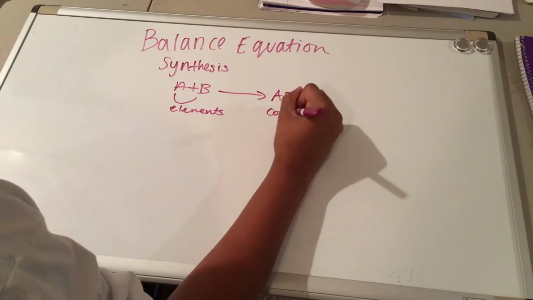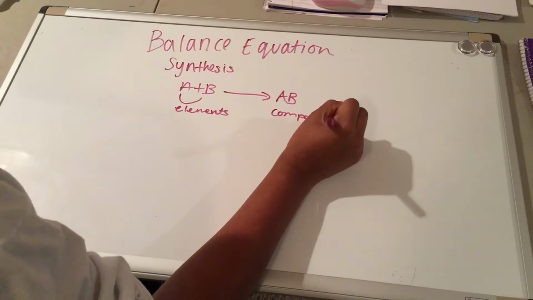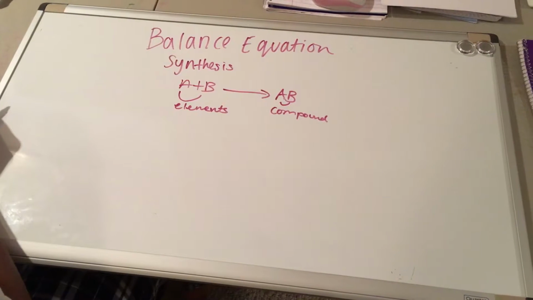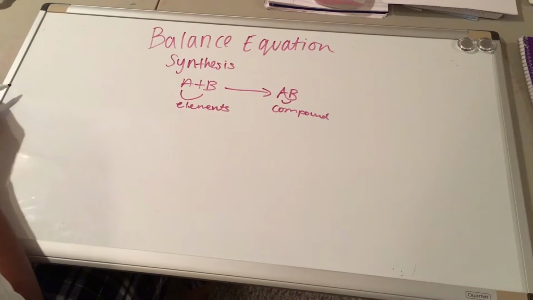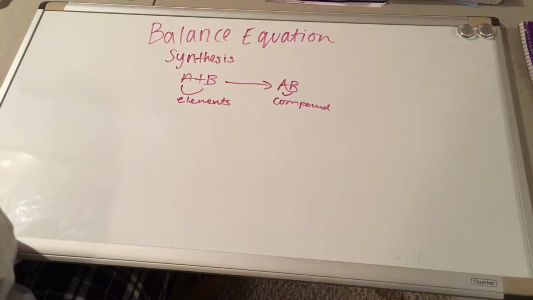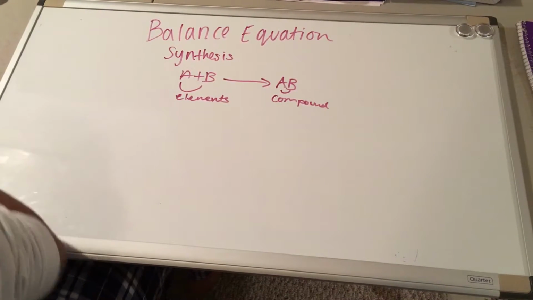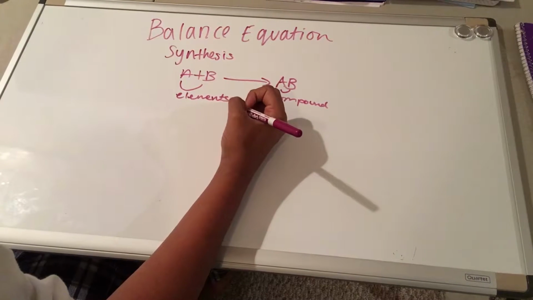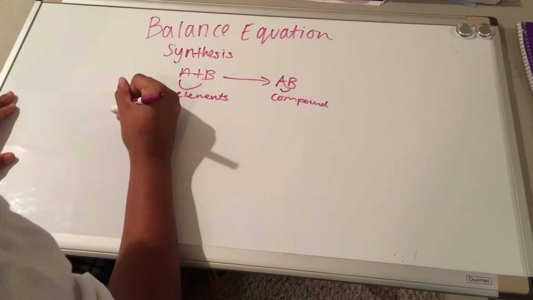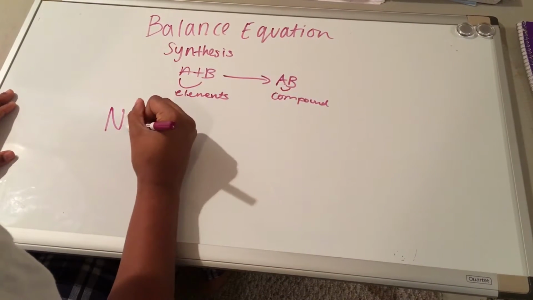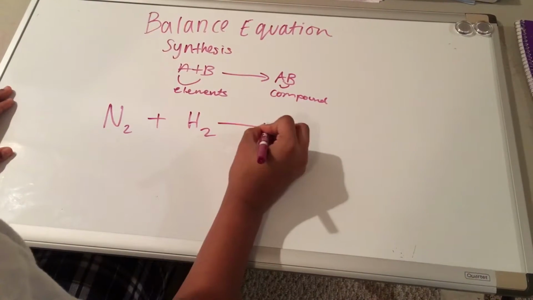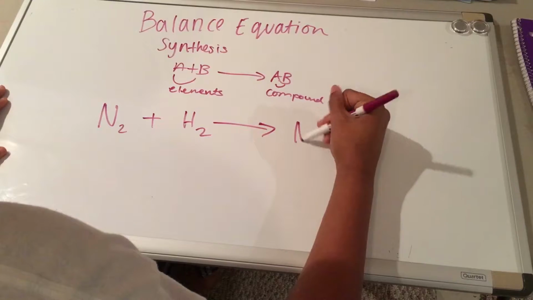So that would be the compound. And I'm just basically gonna stick to a simple equation, which will be this: N2 plus H2 equals NH3.